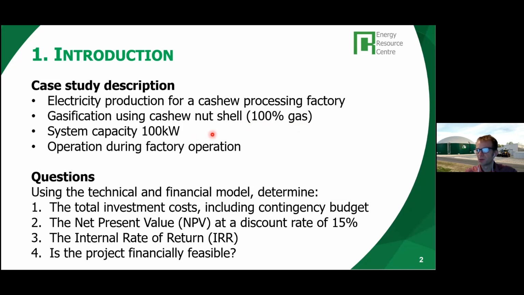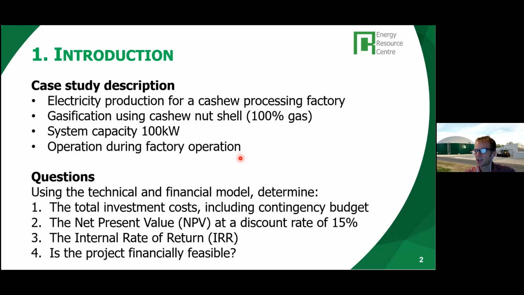Appropriate system capacity would be around 100 kilowatts, and the system would be operated during the operation of the cashew factory. So that would be roughly 17 hours per day, I believe, for 250 days per year.